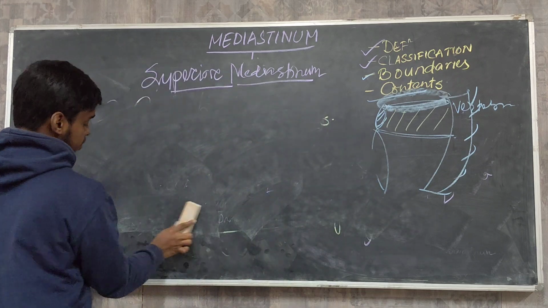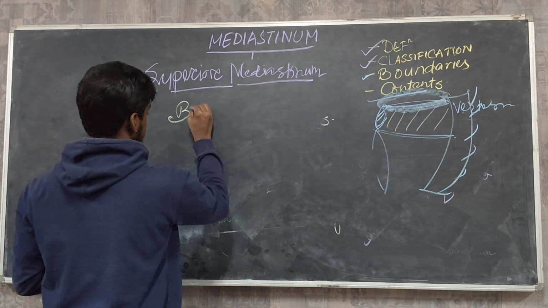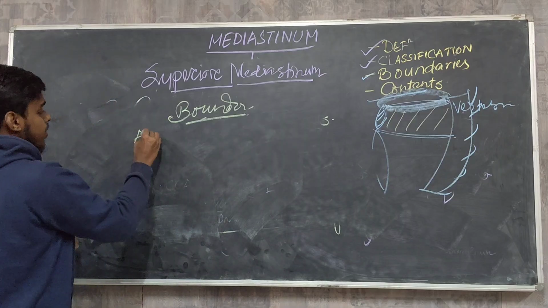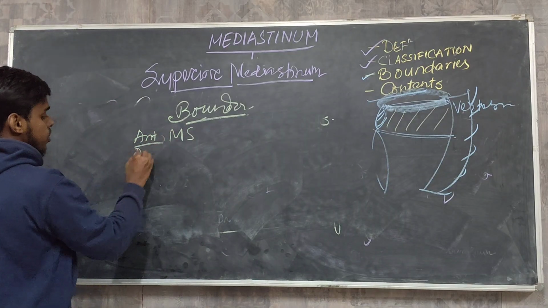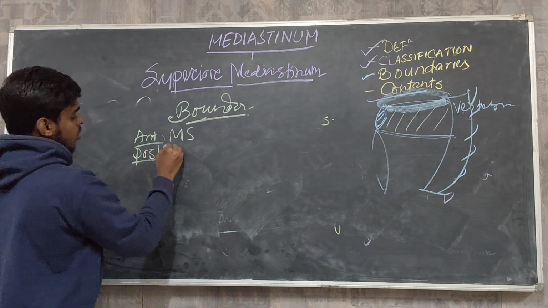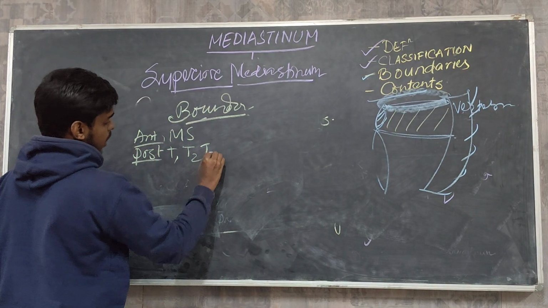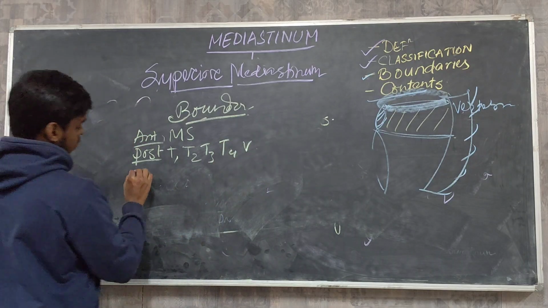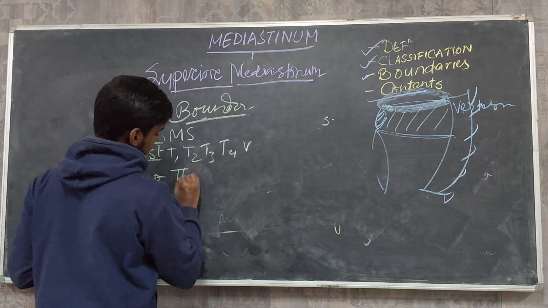Posteriorly we have T1, T2, T3 and T4 vertebrae. Then superiorly we have the thoracic inlet.